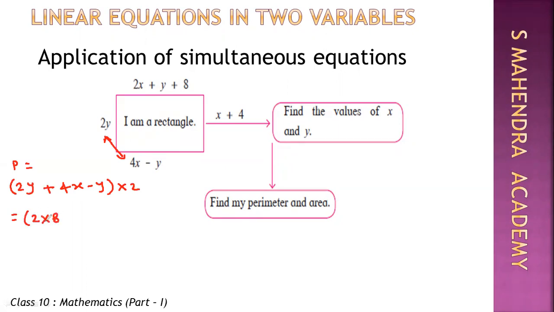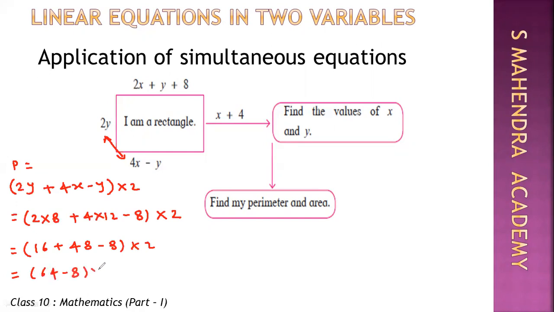So it will be 2 into 8 plus the value of x as 12 minus the value of y 8 and multiplying factor 2. So the solution will be 16 plus 48 minus 8 into 2 and 64 minus 8 multiplied by 2.